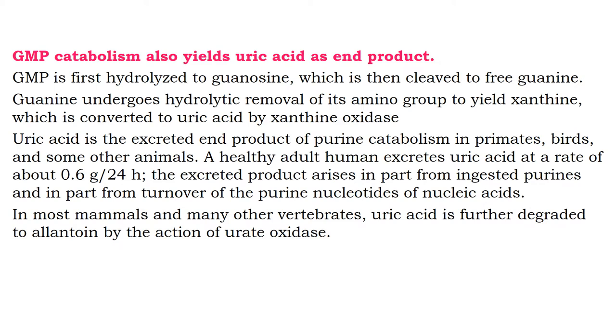This guanine undergoes a hydrolytic removal of its amino group to yield xanthine. With the help of xanthine oxidase, this is converted to uric acid. So we know that uric acid is an end product of purine catabolism, whereas urea is an end product of pyrimidine nucleotide breakdown.